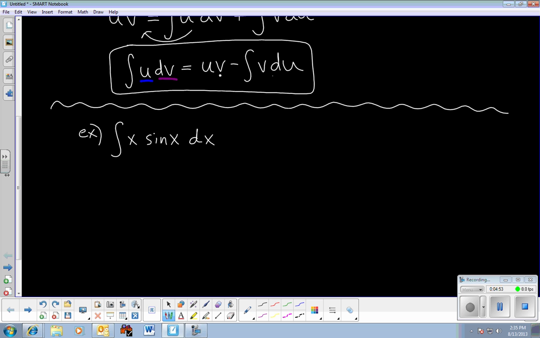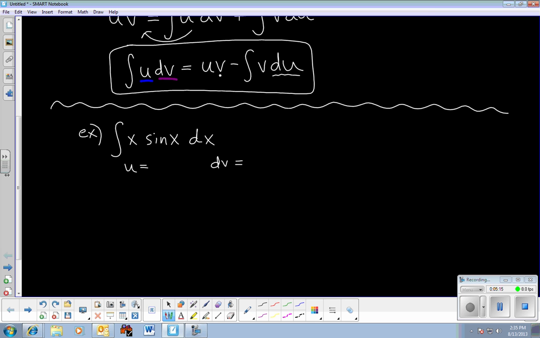And we're also going to have to come up with du, which means we're going to have to differentiate u. So whichever ones you pick for u and dv, make sure that u is something you can differentiate, take the derivative of, and dv is something you can integrate fairly easily. And also, if it can become simpler, that's good.